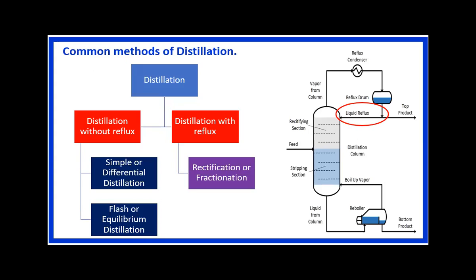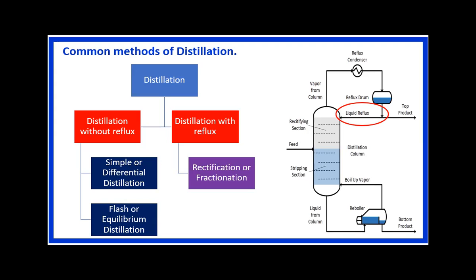Now in the previous presentation we have already discussed about the distillation ways. So generally there are two ways of distillation process, that is distillation without reflux and distillation with reflux.